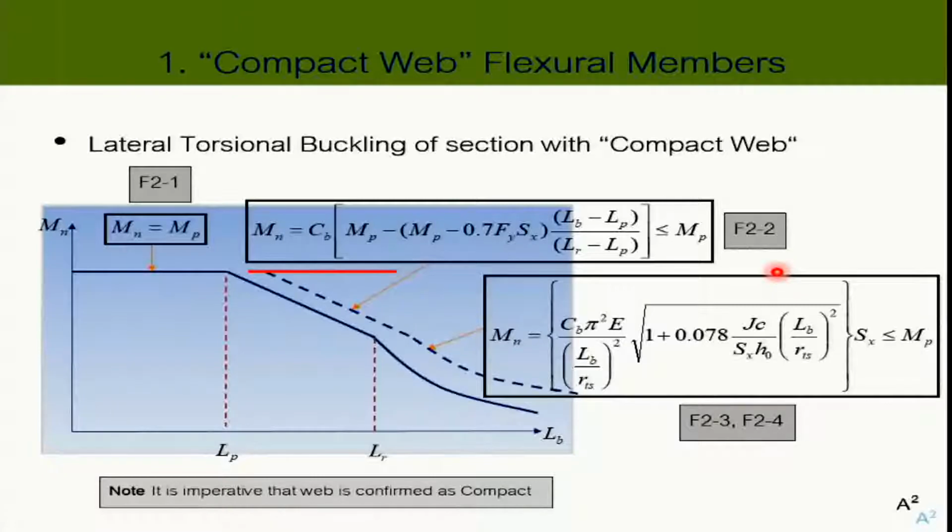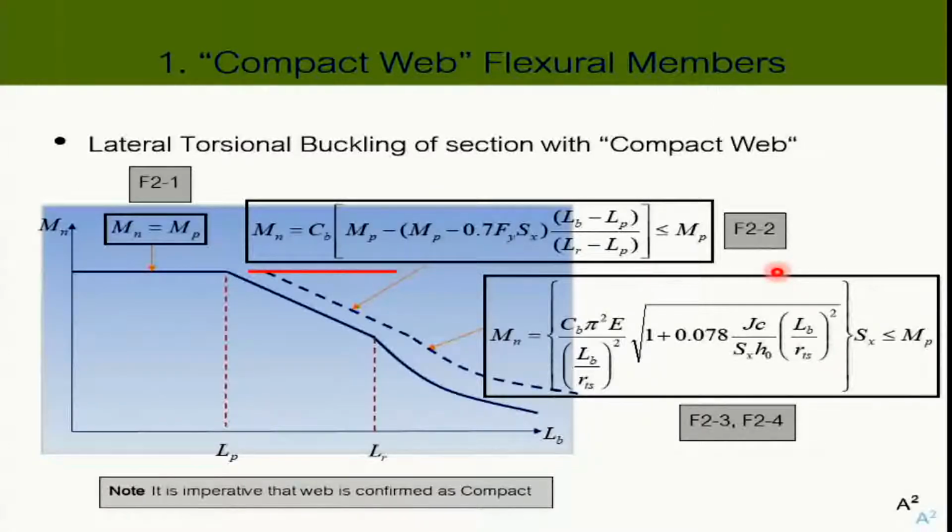Right? And you feel that if there's positive and negative moment, when you have the positive moment, your beam will buckle on top, right? Because that's where compression is. And when you have the negative moment, your beam will buckle at the bottom.